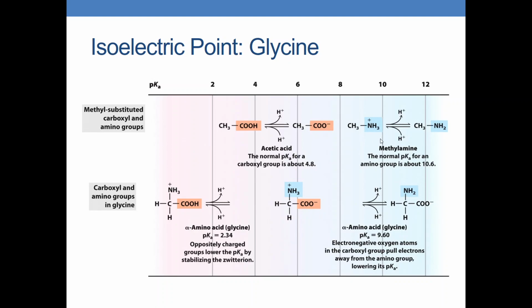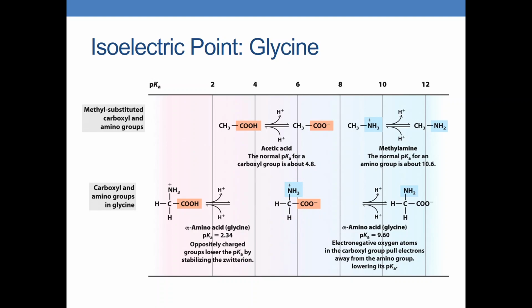If you look at methylamine, again, methylamine is kind of a reference, very much like acetic acid, where you're looking at basically the pKa of a primary amine without influence of additional atoms nearby that may influence electronegative effects. You will see that the pKa for an amino group in methylamine is about 10.6.